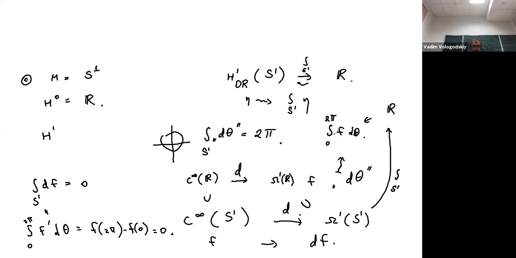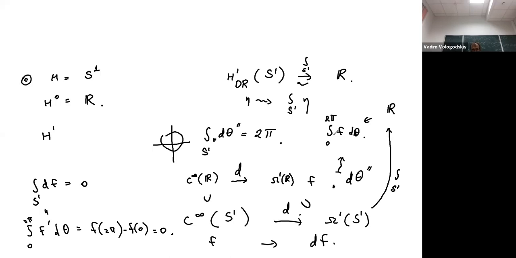De Rham homology is something that relates, on the one hand, it's defined using differential forms, some complicated objects, infinite dimensional vector spaces, the quotient of one infinite dimensional vector space by another infinite dimensional vector space.